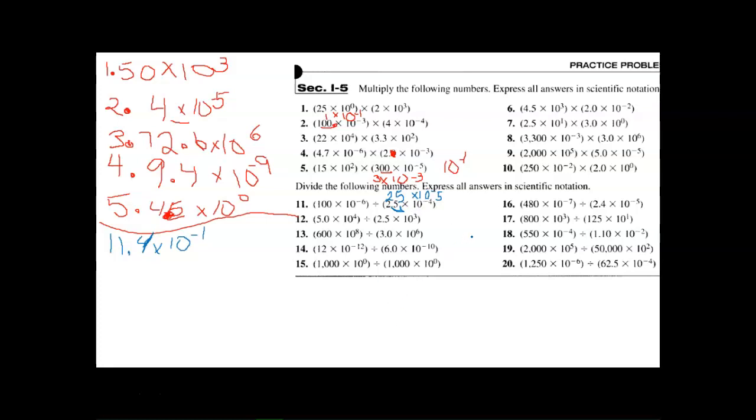So this goes back to the when in doubt, write it out. So 25, this was 2.5 times 10 to the -4. Correct? Yes, ma'am. So that means that I moved the decimal place this way 4 times.